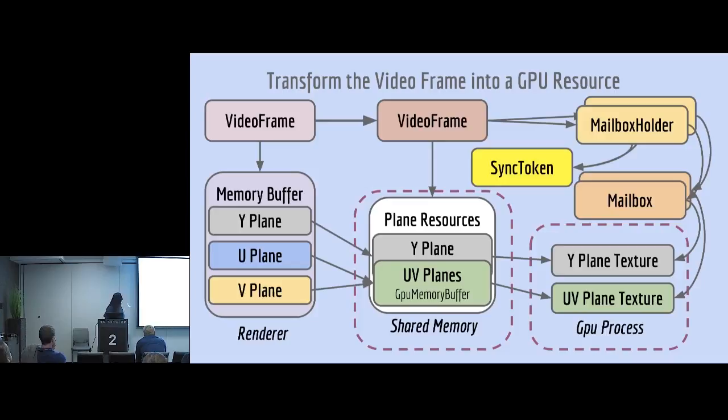So we're going to copy it into shared memory. Then we're going to have a reference to that, but it's sort of like a vague idea. It references this thing that we have copied into shared memory. And then this thing that we've copied into shared memory will be uploaded to the GPU as an EGL image. And then later on, we will say, paint that here on this clip rect.